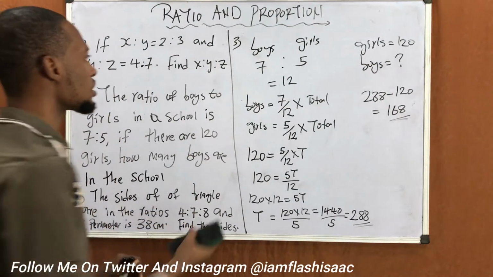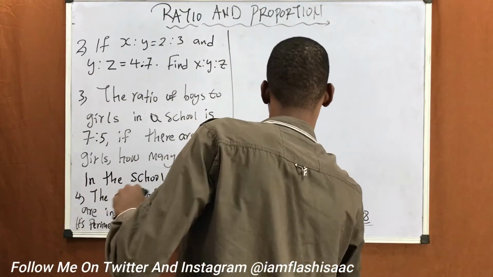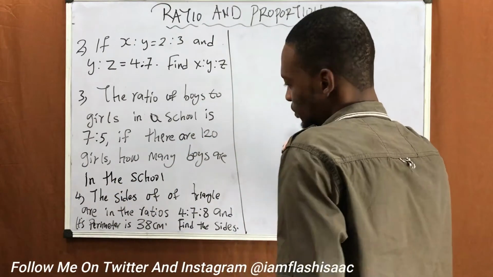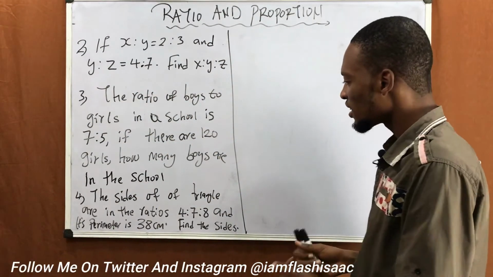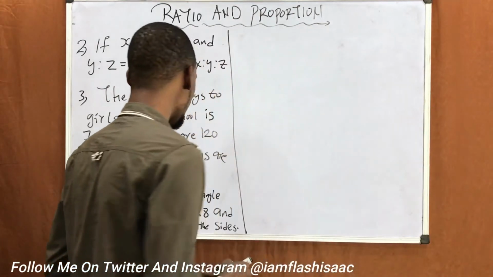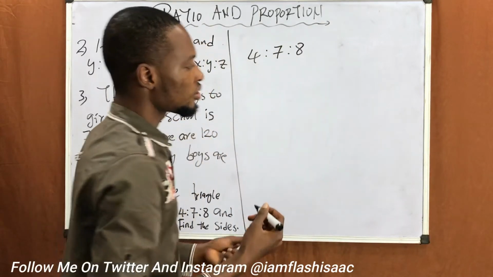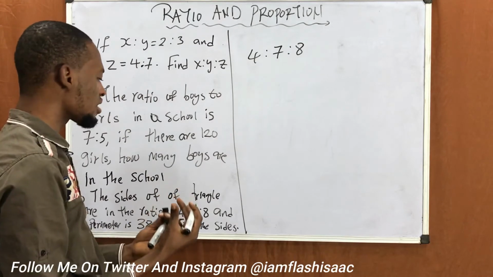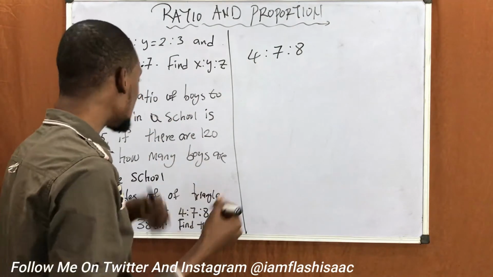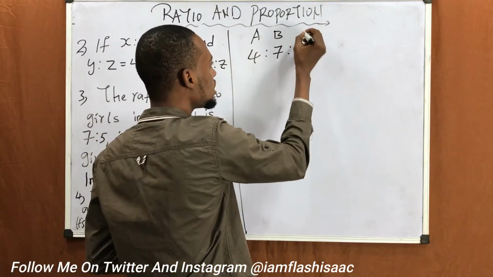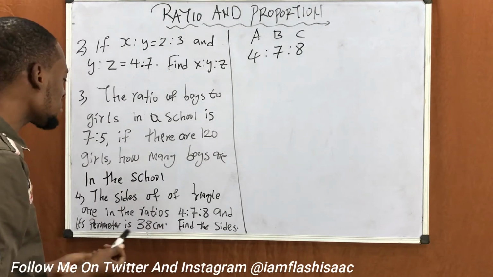So let's see the fourth question. The triangle has sides in the ratio 4 to 7 to 8. Let the first side be side A, let the second side be side B, and let the third side be anything you like, and the perimeter is 38 cm.